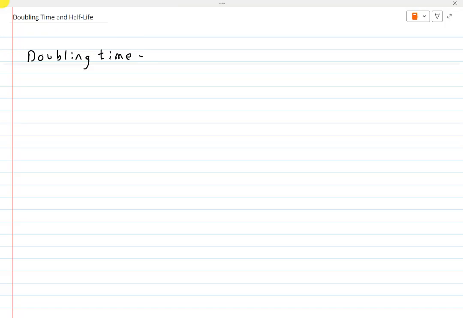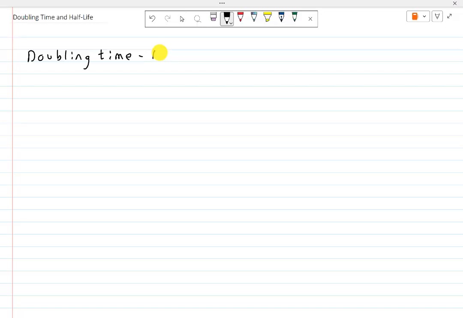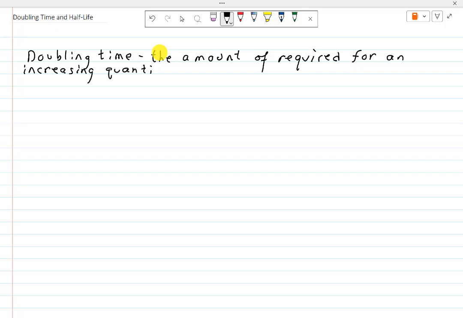This is the amount of time required for an increasing quantity to double in size. So let's look at doubling. This isn't going to be a very long video.